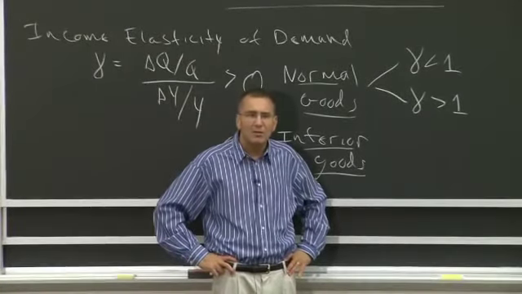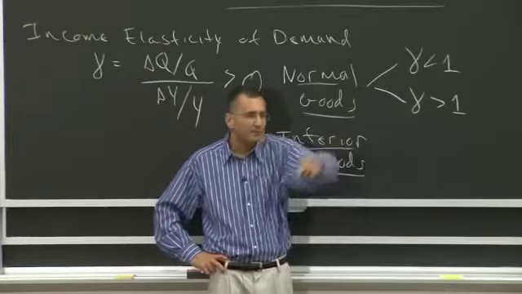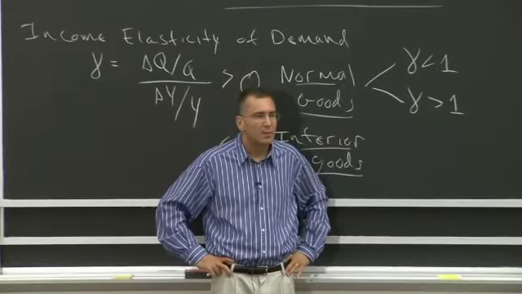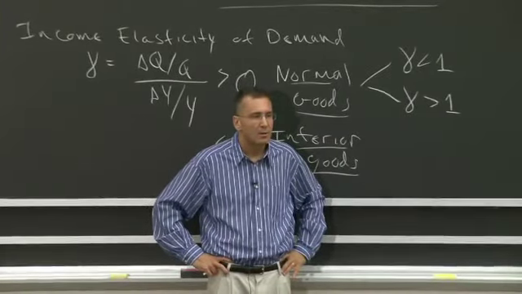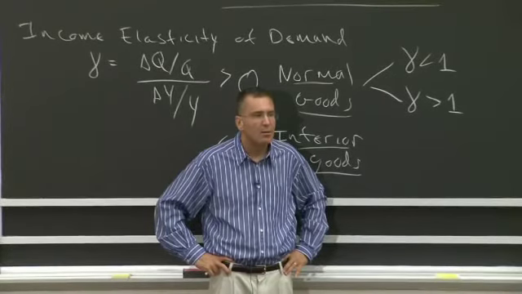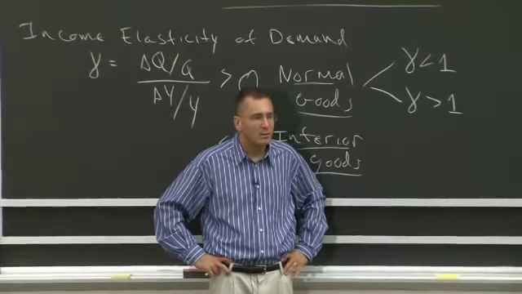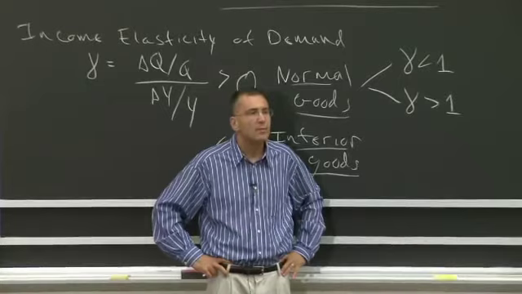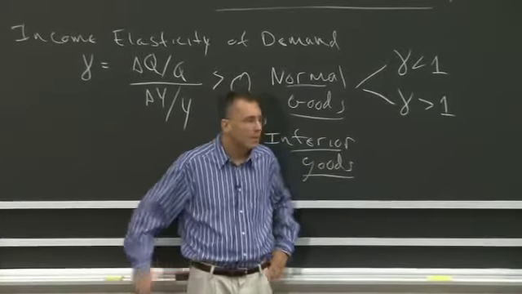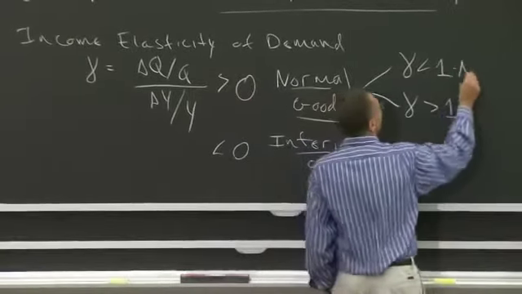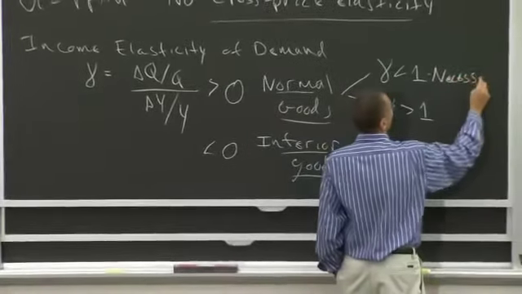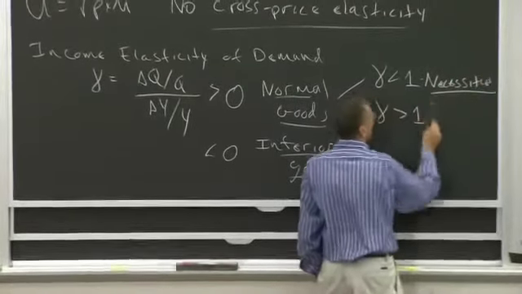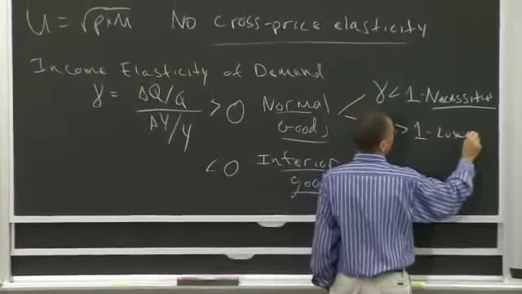Think about what that means. Perhaps food, because if your income increases, you won't start eating proportionally that much more. Right. Something like luxury goods or a car, if your income increases, you will consider buying. Excellent. So we call these necessities, and we call these luxuries.